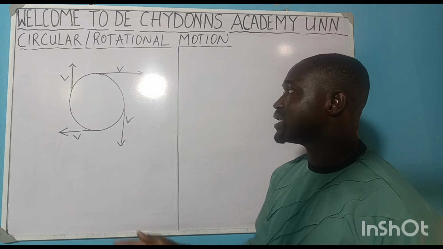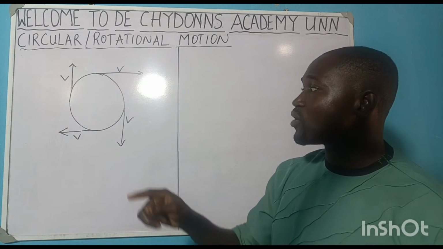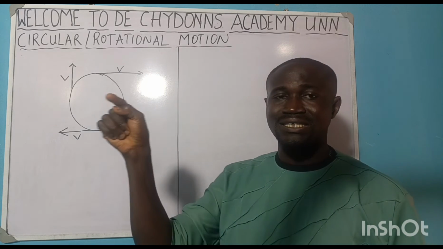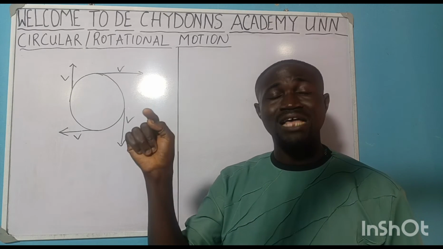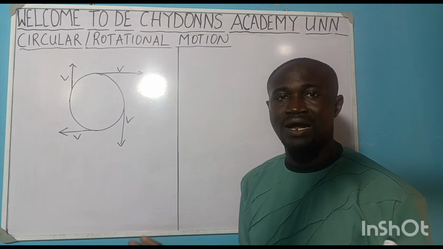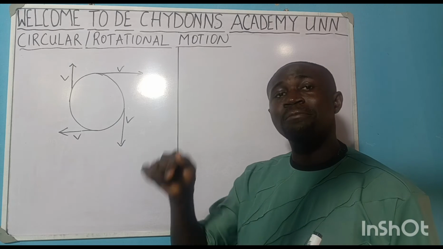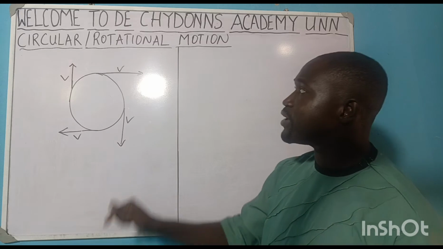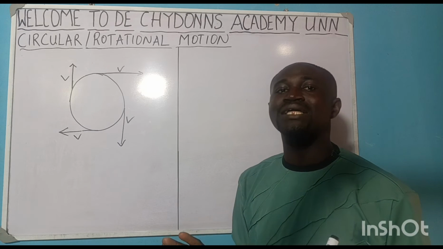What about the acceleration of a body that undergoes circular motion? The acceleration of a body that undergoes circular motion is directed towards the center. It's directed towards the center, and so the acceleration is not constant. It also varies. But the magnitude of the acceleration of a body undergoing circular or rotational motion is constant.